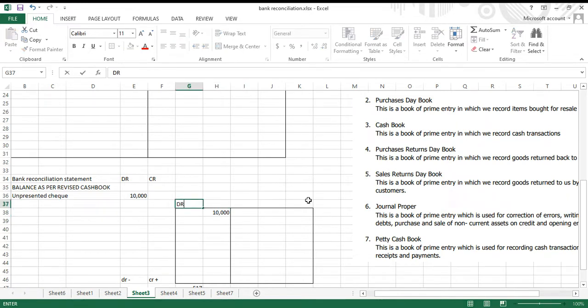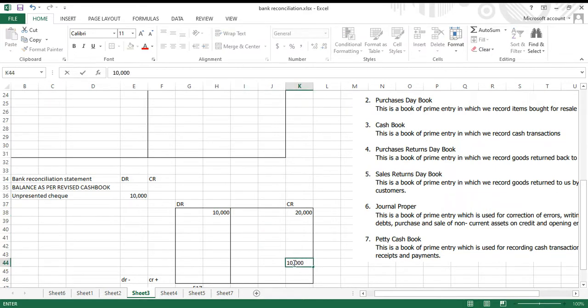And we need to have the 10,000 on our credit side to reflect the payment of rent. So the way we can do that is if we credit our cash book 20,000. 20 minus 10,000, we're going to get 10,000.